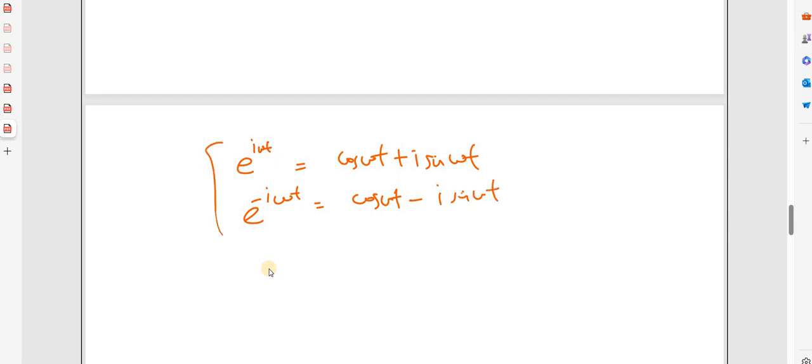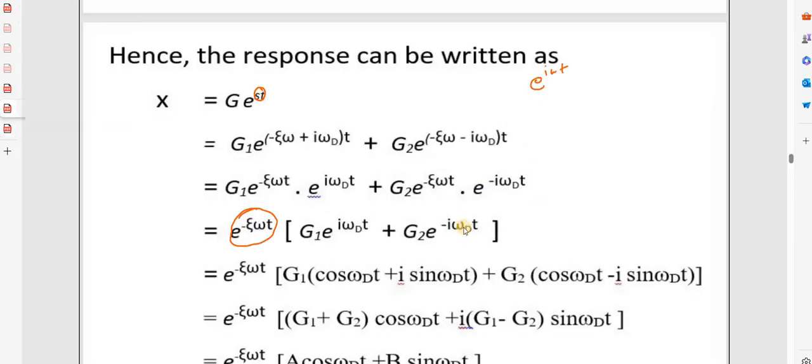This is a common thing only. So I am just expanding here, and this is expanded in the same way. Here it is omega d, so here it will also be omega d.